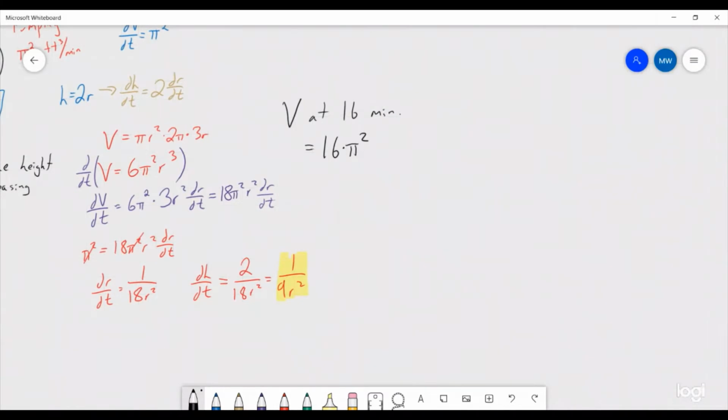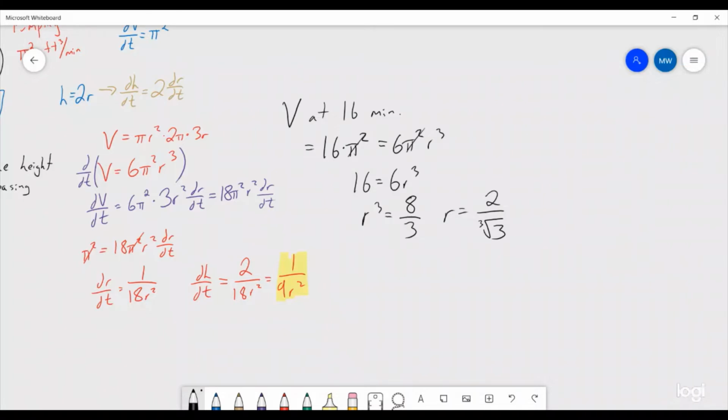That is equal to 6 pi squared r cubed. The pi squareds cancel, so we get 16 equals 6r cubed. So r cubed is 16 over 6, that is 8 over 3. So that means that r is going to be 2 over the cube root of 3.